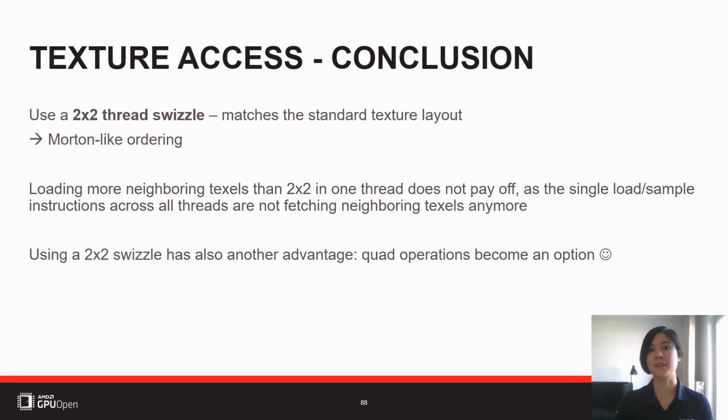The other nice advantage is that we could potentially use quad operations. This obviously depends on your specific problem case. In the case of the downsampler, it's useful, and this is another potential performance improvement which becomes available by using exactly this texture access pattern.